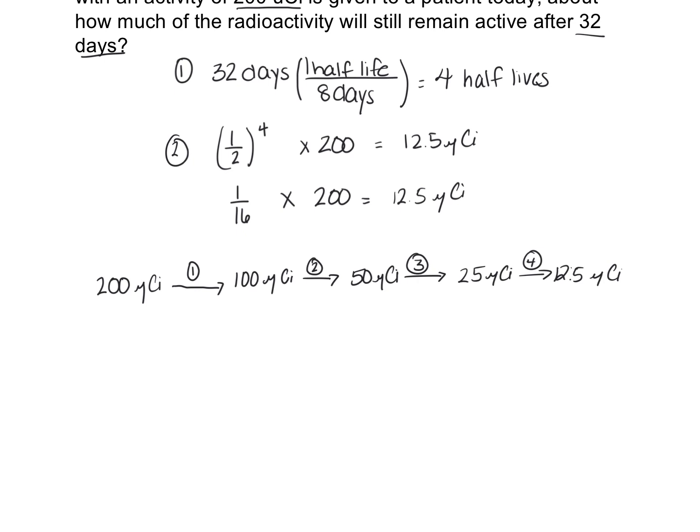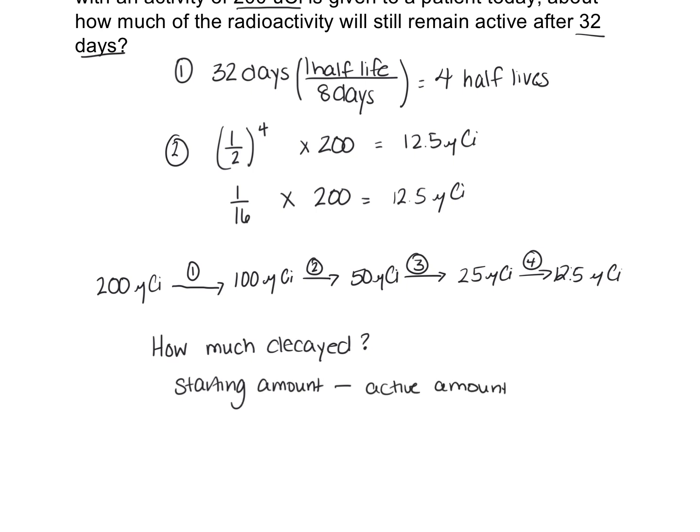Now, another common question that you can be asked instead of how much is left is how much decayed. And then what you have to do is take the starting amount and subtract the active amount, and that will tell you how much decayed.